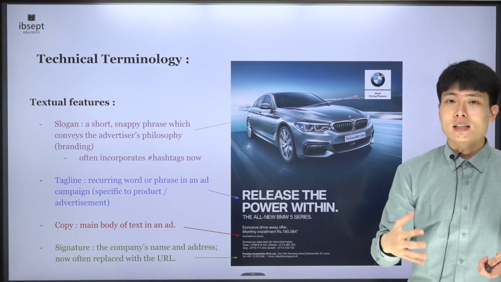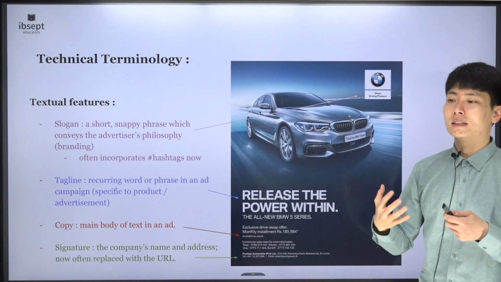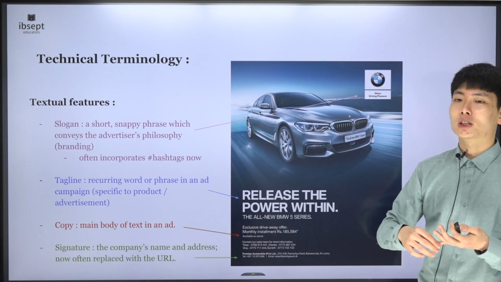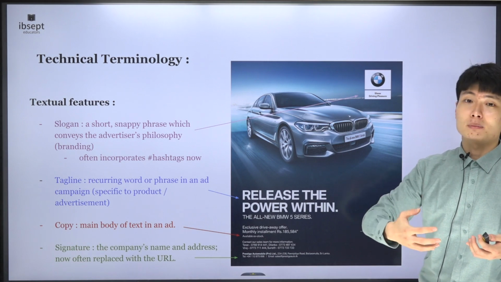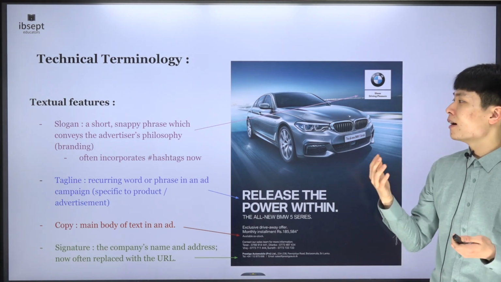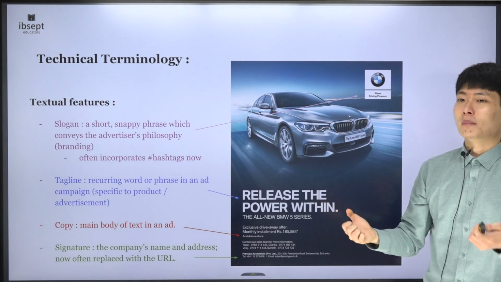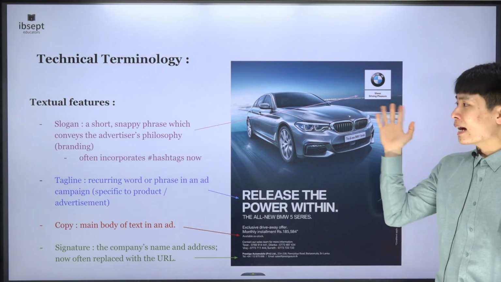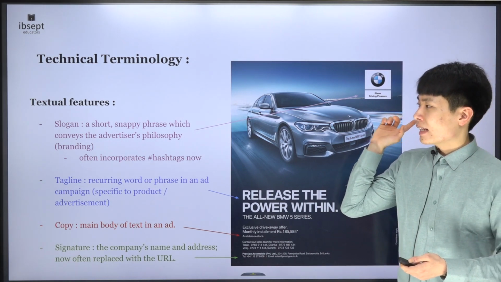So this is the idea that the BMW brand itself wants to be associated with. It wants its customers and potential customers to know or feel that their vehicles are that pleasurable to drive. So that is the slogan.